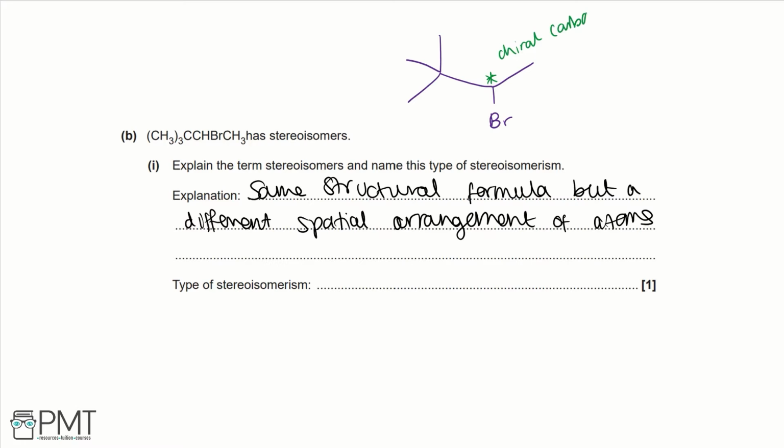This type of stereoisomerism is called optical isomerism. So we can put optical here. To get the mark, you must have the correct explanation, which I've written here, and you must have said optical. You need both bits to get the mark.